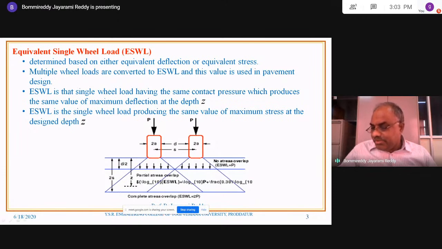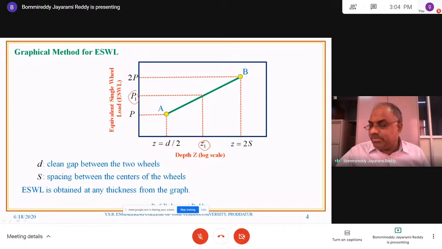When complete overlapping takes place, the equivalent single wheel load is 2P. When there is no overlapping at all, ESWL is P. In between these two, P1 can be obtained by means of interpolation.